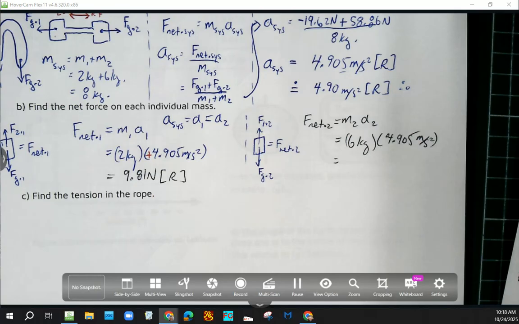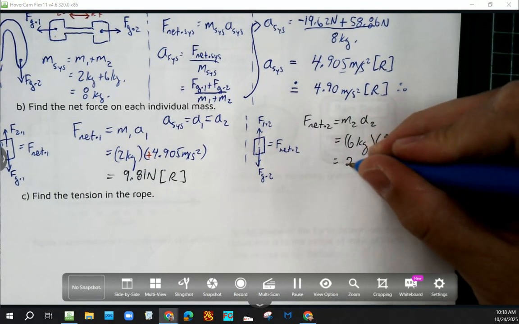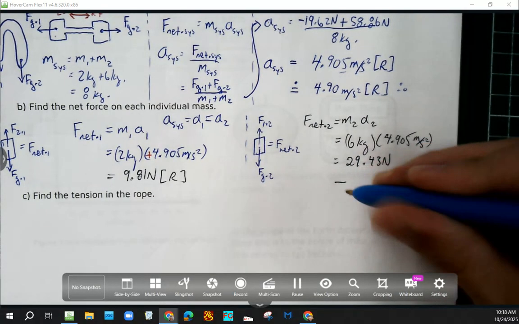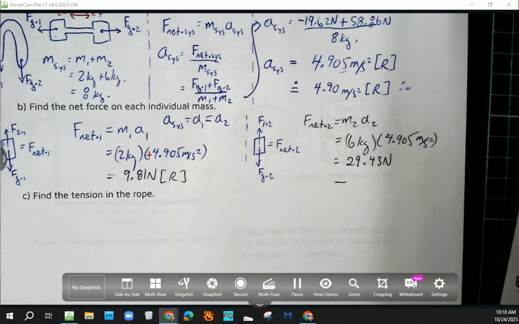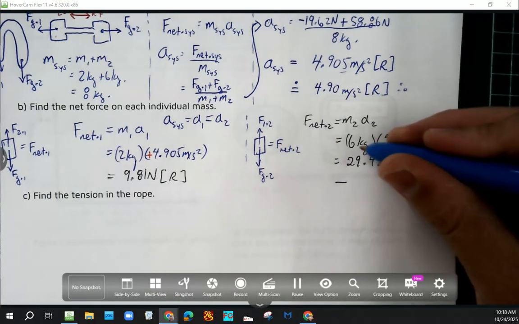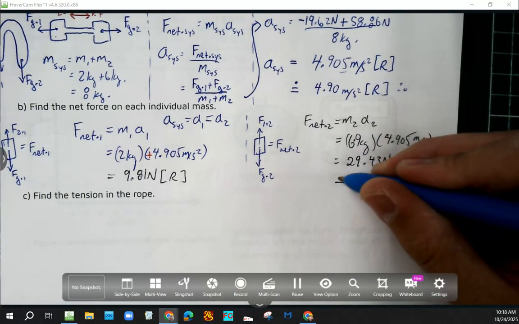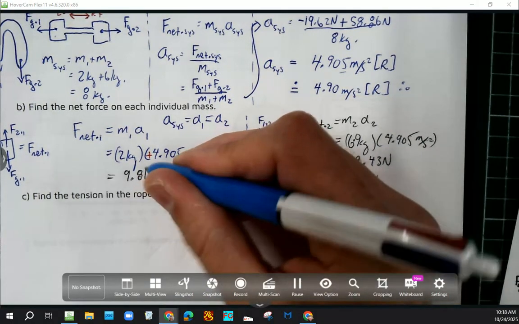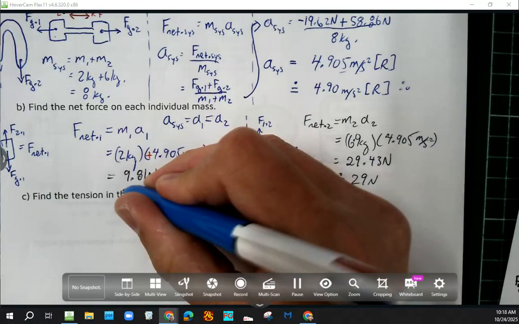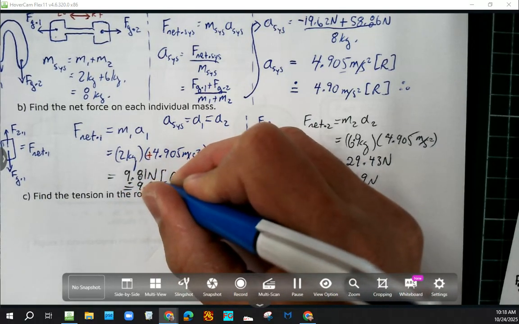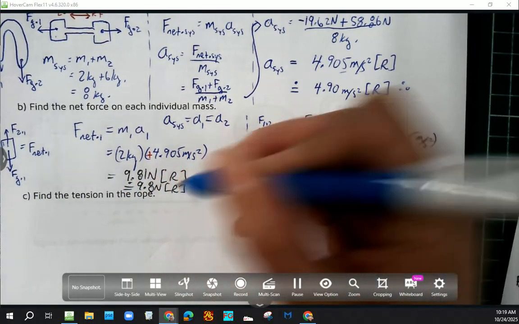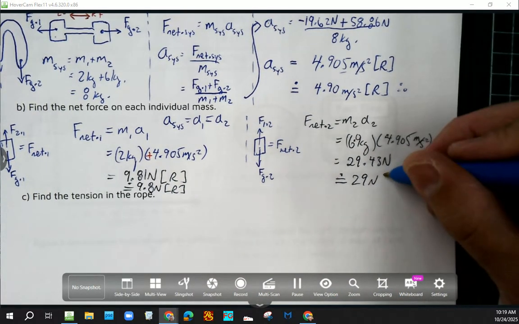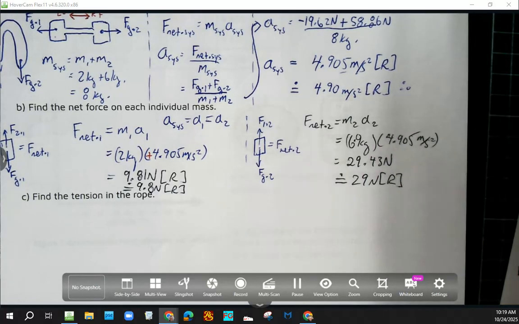Nice. 29.43 newtons. And we could round it off to about 29 newtons. Is it 2 sig figs or 3? I guess it's 2, because 6.0. So it's approximately 29 newtons. And I guess I really should have called this just approximately 9.8 newtons to the right. I forgot to round to significant figures there. So 29 newtons approximately, because it's positive, to the right would be the net force.